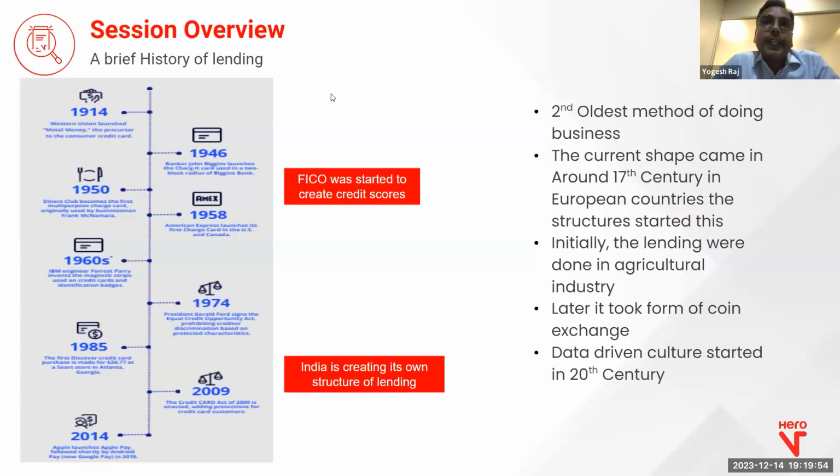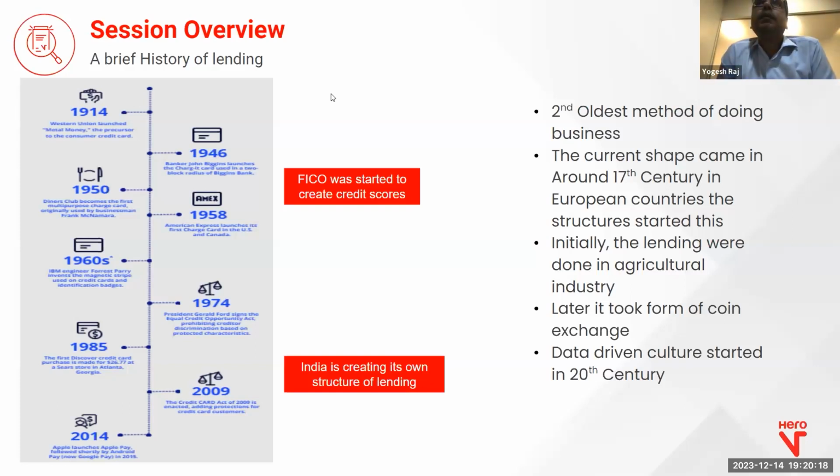Also, the capturing of these data elements enables you to take decisions about customers present in any kind of geography. So, for example, in the previous brick and mortar format, if let's say SBI is present in only Bombay, then only Bombay people can get a loan.